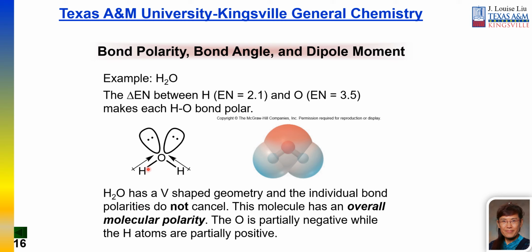The bond points from your hydrogen to the oxygen, so make sure on your hydrogen end you put a little positive, pointed from positive to negative. These two individual bond polarities do not cancel. Therefore, the molecule has an overall molecular polarity. The oxygen is electronegative, so it will be partially negatively charged, while your hydrogen ends will be partially positive. Your negative part will be related to the higher electronegativity.